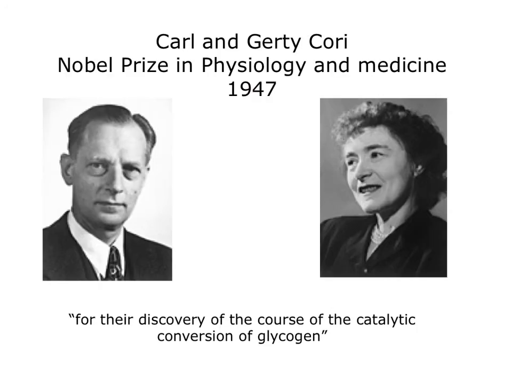Carl and Gerty Cori were from Austro-Hungary and emigrated to the U.S., and they were awarded the Nobel Prize in Physiology or Medicine in 1947 for their work on the catalytic conversion of glycogen. Now, the Cori cycle is named after them, and they described it, but their Nobel Prize was not for the Cori cycle.